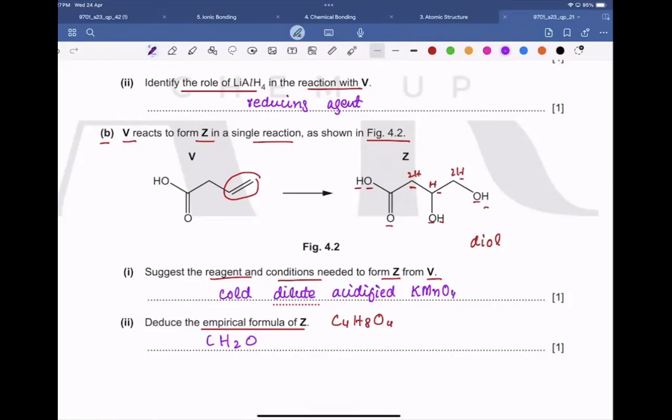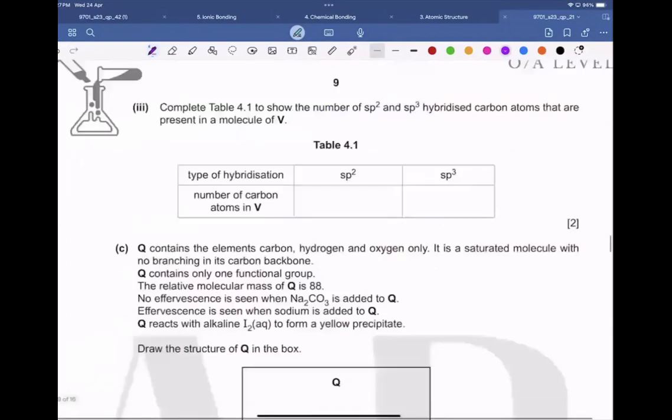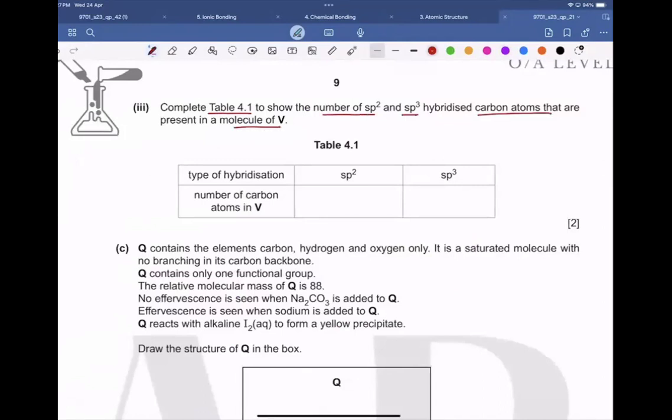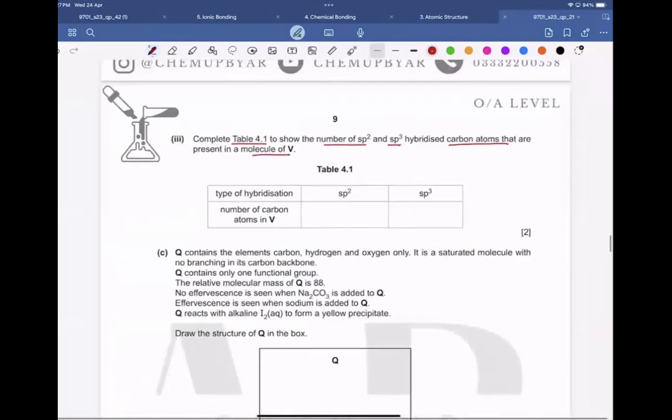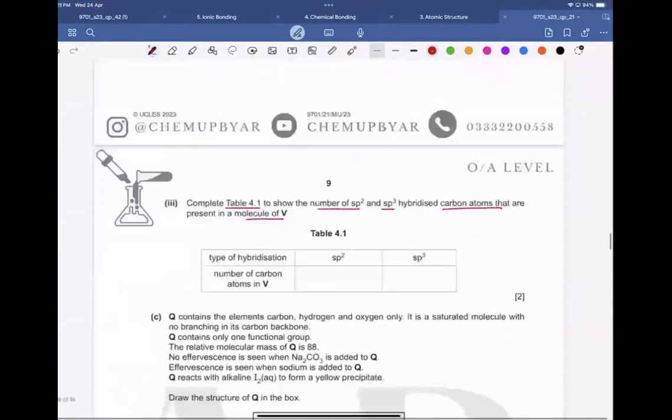Now, next part. Complete table 4.1 to show the number of sp2 and sp3 hybridized carbon atoms that are present in a molecule of V. Okay, if you look at the molecule of V, it's this. Here we go, let me draw it over here.